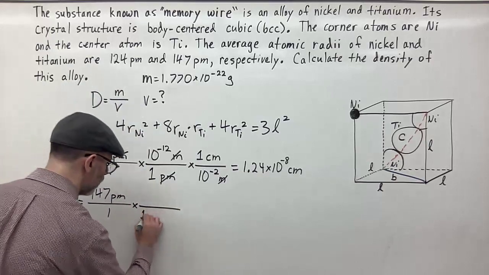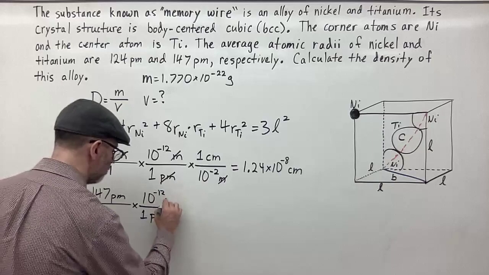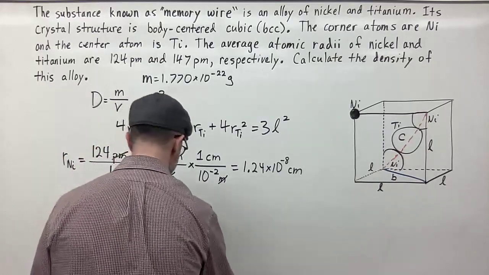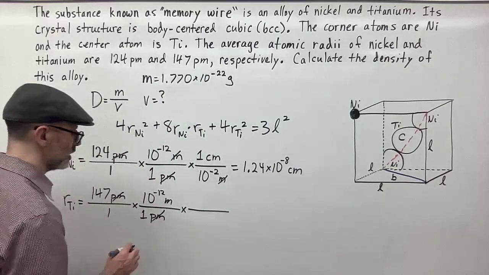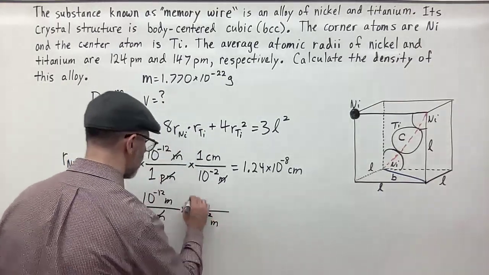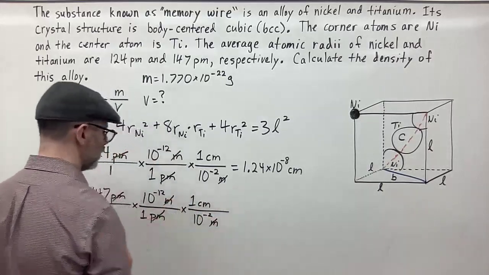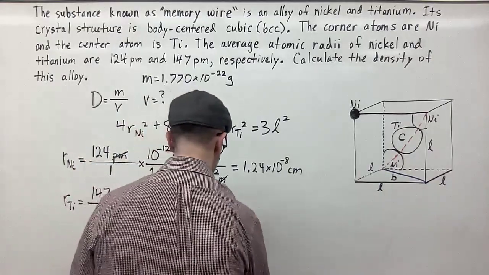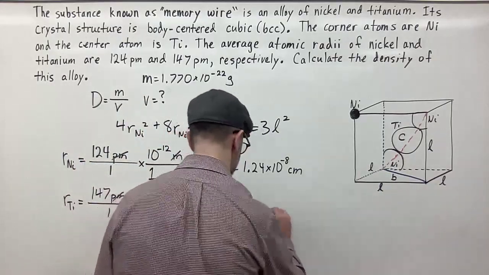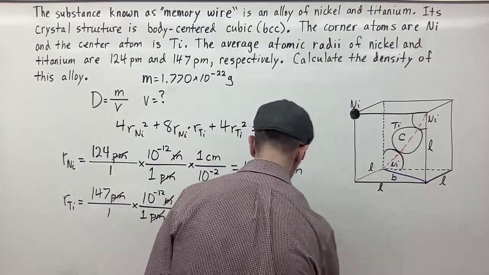So again, 1 picometer is equal to 10 to the negative 12 meters. Picometers cancel out. And then we're going to convert meters to centimeters. So 10 to the negative 2 meters on the bottom, 1 centimeter on top. Meters cancels out. And again, we get 1.47 times 10 to the negative 8 centimeters.